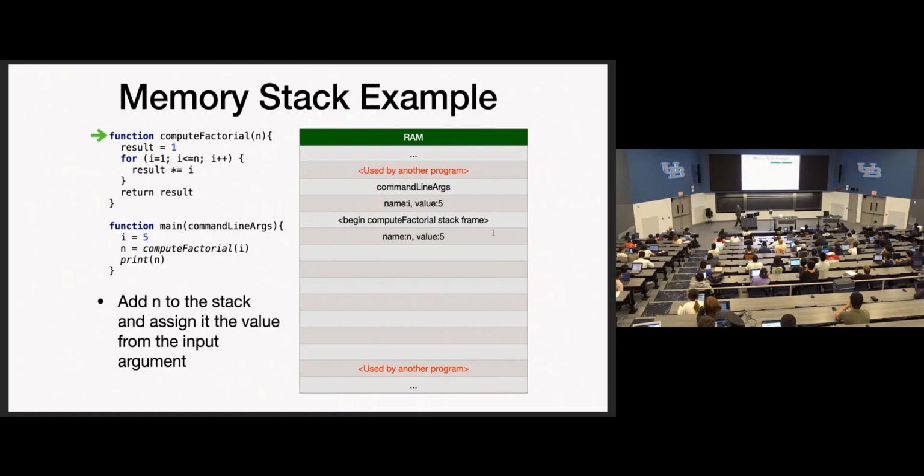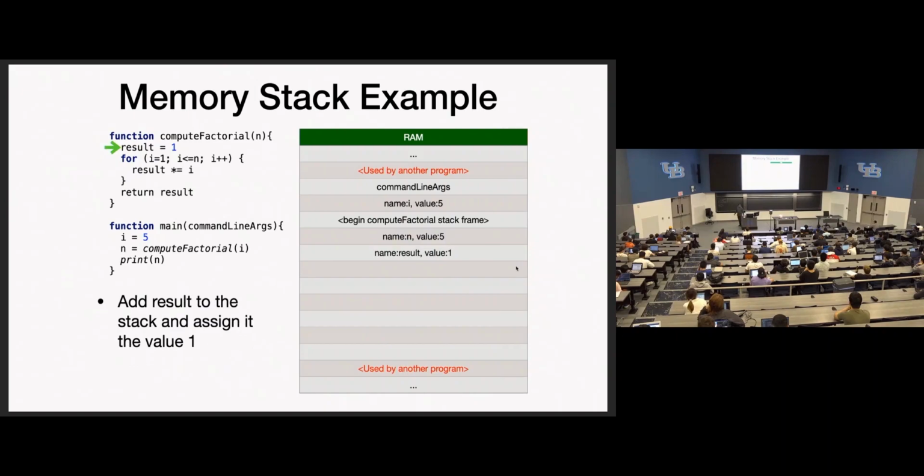The first thing that goes in that stack frame are the parameters. We have one parameter here named n, and we're going to assign it the value 5. We definitely want to use that inside this stack frame, we need to be able to access that to run this method. So that's going inside this new stack frame.